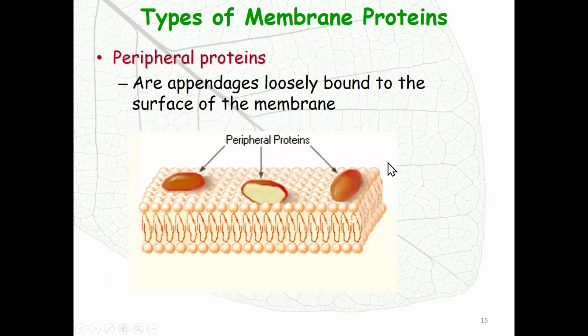There are some peripheral proteins also. They are only on the surface of the plasma membrane, appendages loosely bound to the surface of the plasma membrane.